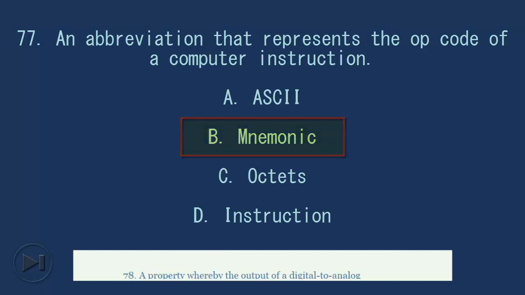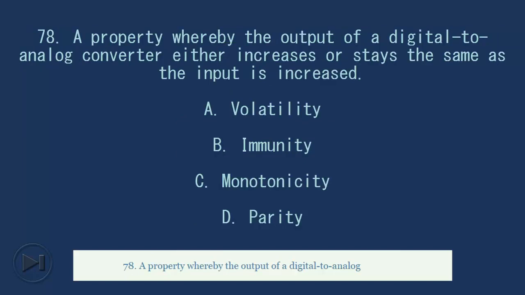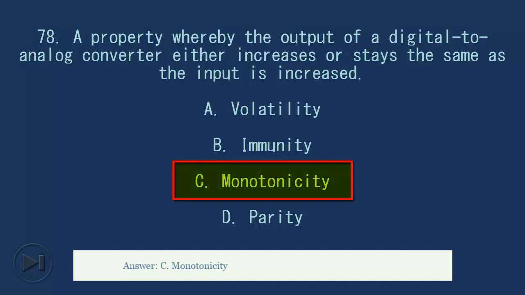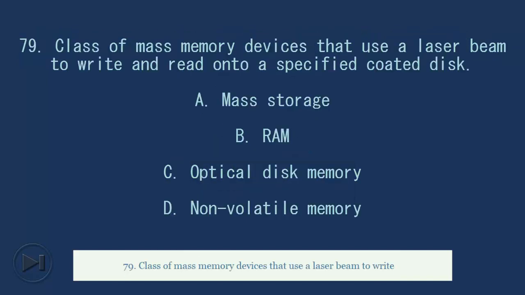Mnemonic. 78. A property whereby the output of a digital to analog converter either increases or stays the same as the input is increased. A. Volatility. B. Immunity. C. Monotonicity. D. Parity. Answer, C. Monotonicity. 79.